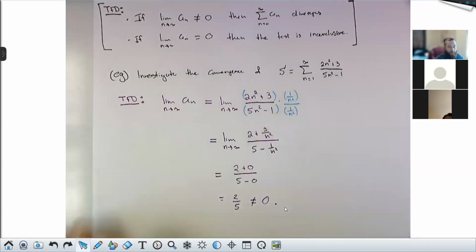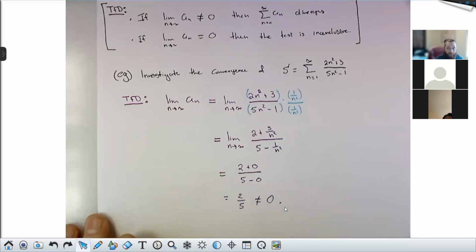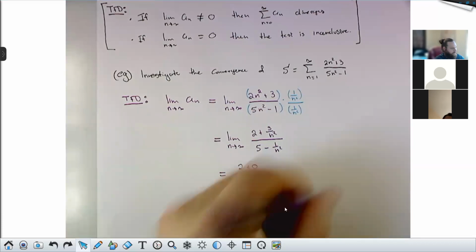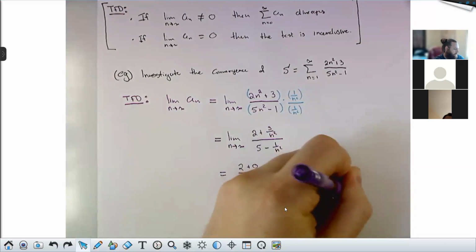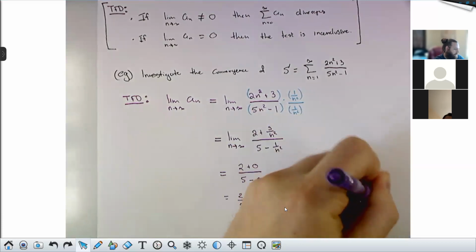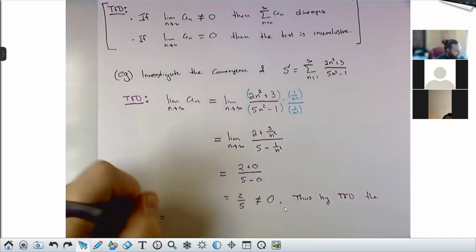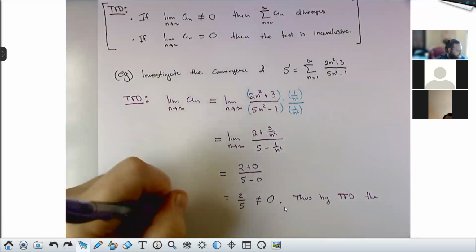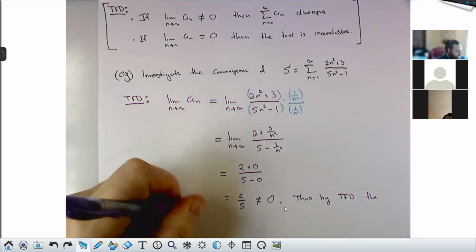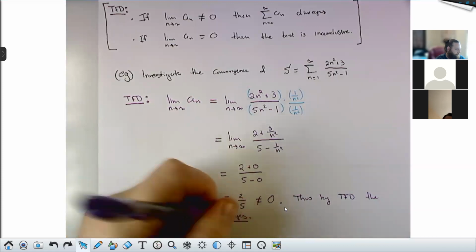And here's how you write this. And you need, am I emphasizing this enough? You need to practice writing these things out. You say, thus, by TFD, the series S equals sigma n from 1 to infinity of (2n squared plus 3) over (5n squared minus 1) diverges.